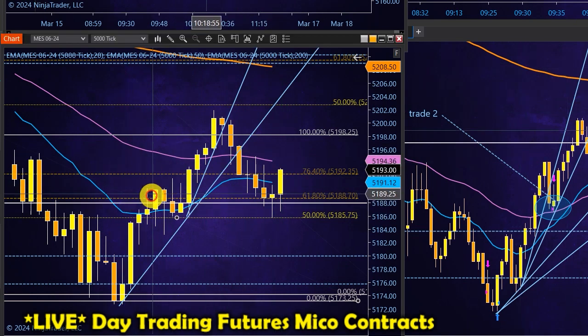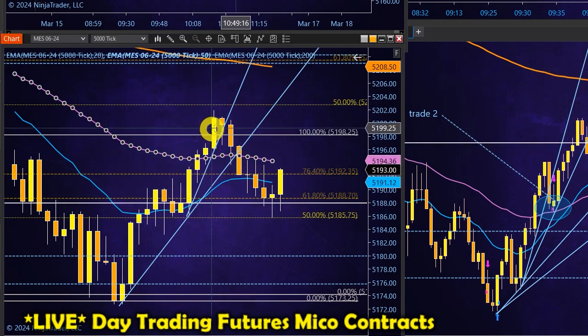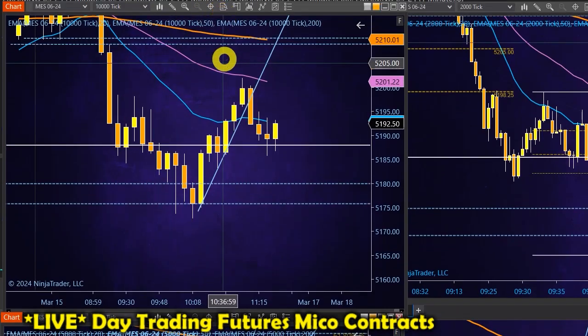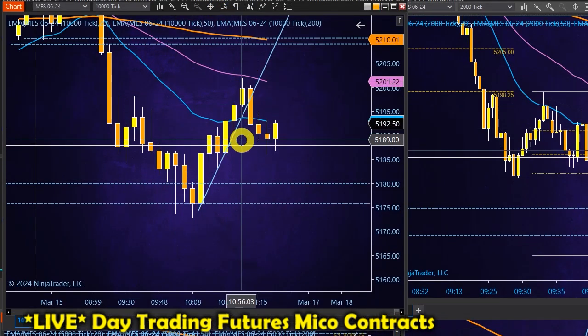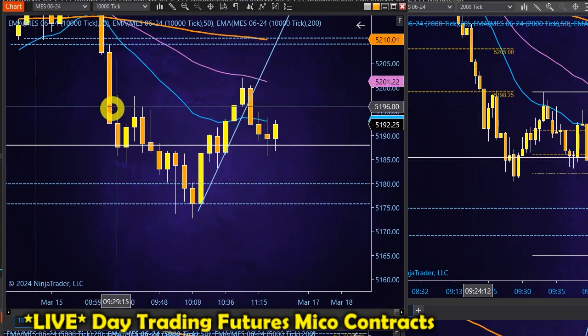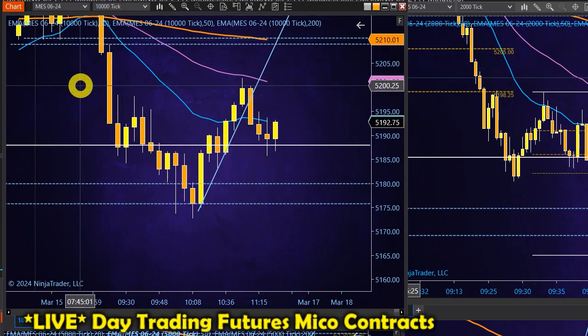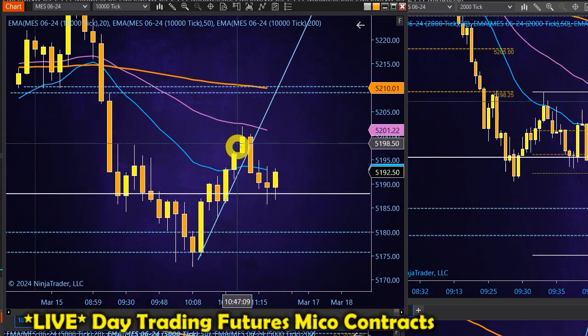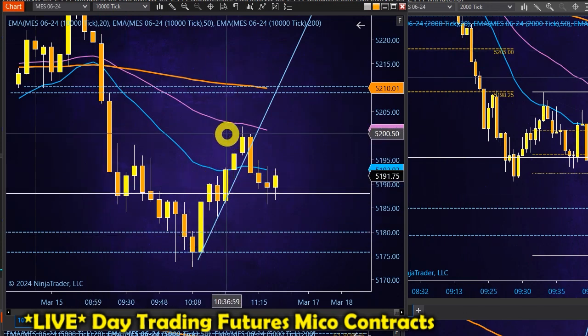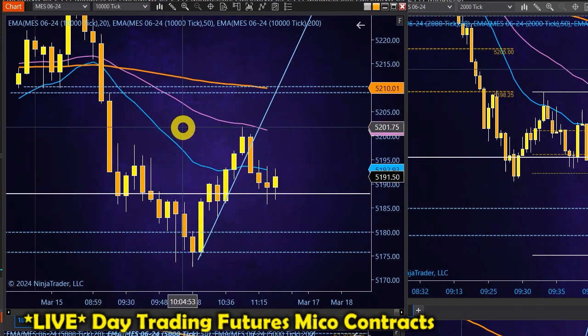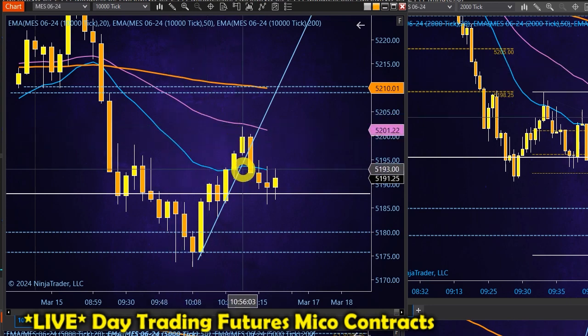The 20 did not cross the 50, so it's still within reason to short, right? On the 10,000 tick chart, it only pulled back to the caution zone, trend line break. After sweeping liquidity at 50% of this pullback, it went 50% back up. Perfect confluences, multiple things harmonizing together to point out an A+ trade setup.